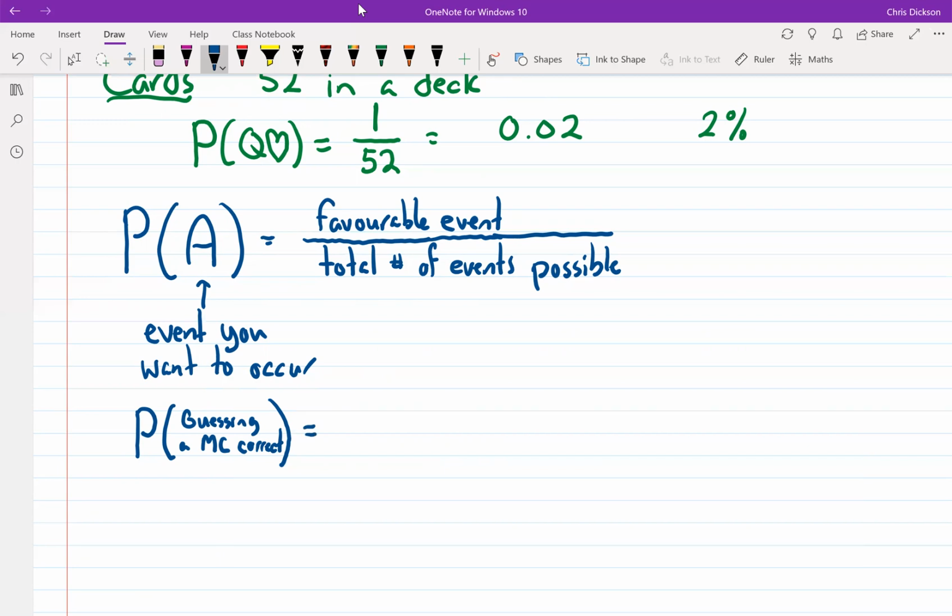And we're going to assume like the test is like this. One, there's A, blah, blah, blah, B, blah, blah, blah, C, blah, blah, blah, and D, blah, blah, blah. And that's the question, and those are the answers there. Okay. And so your chances, what's the chance of you guessing a multiple choice question correct? That means getting it correct. And we'll assume that the answer stems, there is only one right answer. Your teacher's not trying to trick you or something. Okay. So I'd like you to write down that.